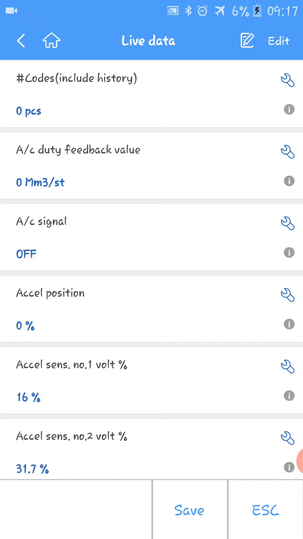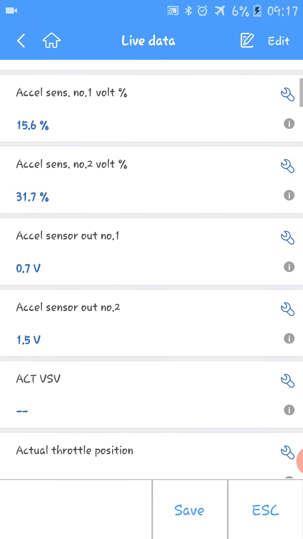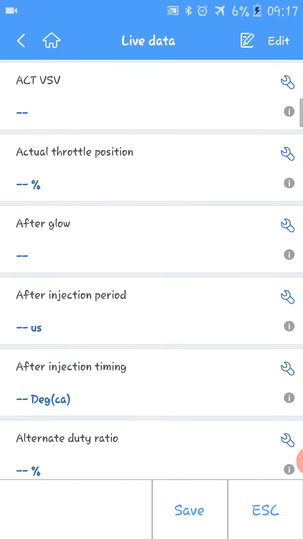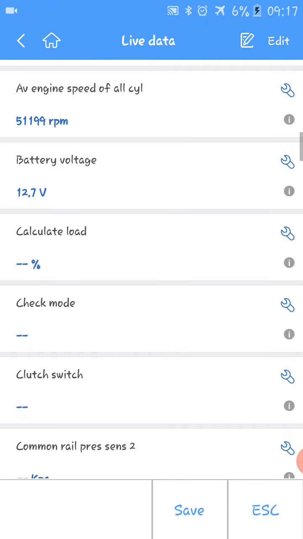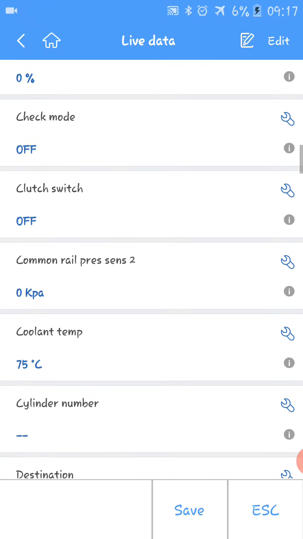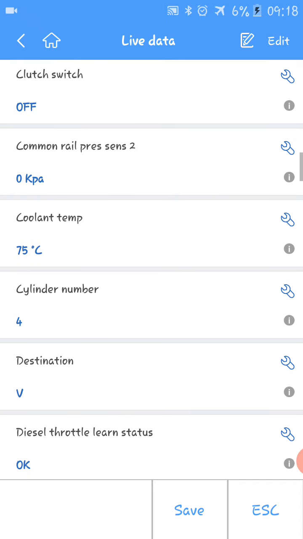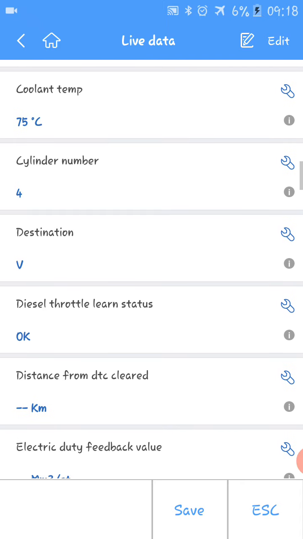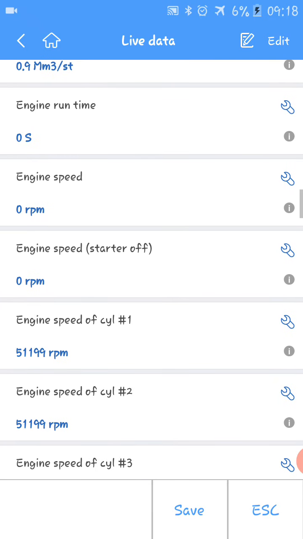That's number 1. Injection feedback values 0. The area of interest is the injection values. That's for each cylinder. So we go down. The coolant temperature, as you can see, it's 75, almost at the operating temperature. It's a 4-cylinder engine.